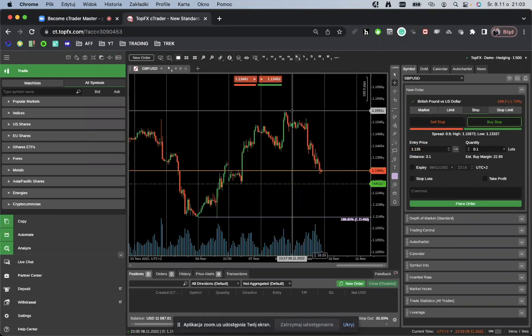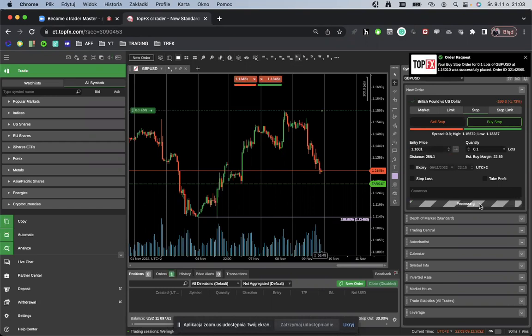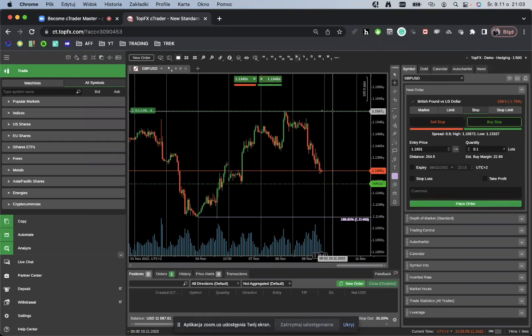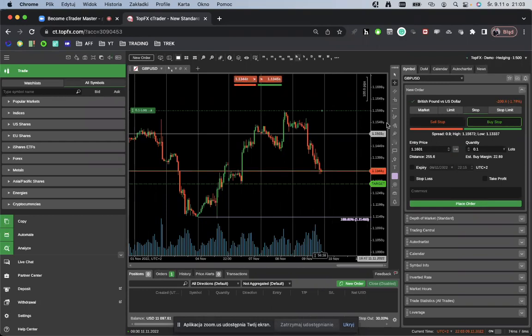There you go. This is roughly, let's say, 1.16. So if you think the market will go up, you want to trade 1.16 and 01, and you place buy stop. And if the market will go up, your trade will be activated. This is the example of the buy stop.